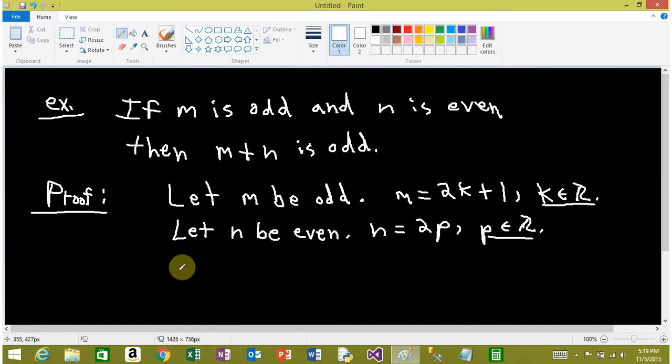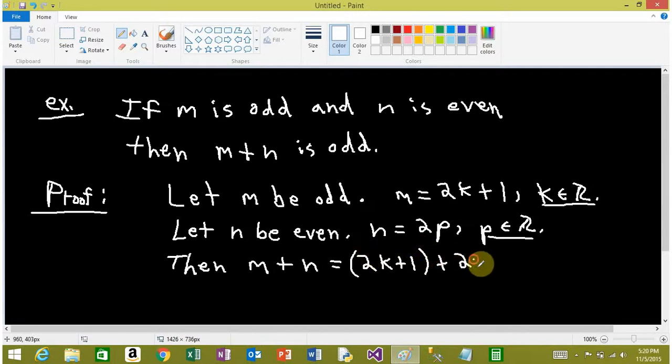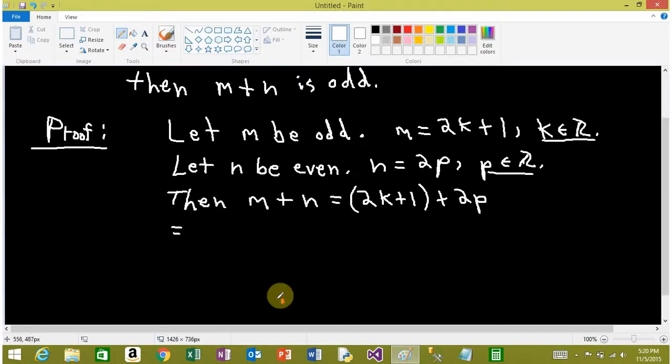And now we're going to find out what M plus N is. M plus N is equal to 2k plus 1 plus 2p, and that's going to be equal to 2k plus 2p plus 1.